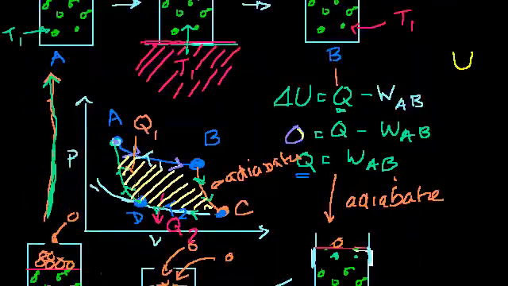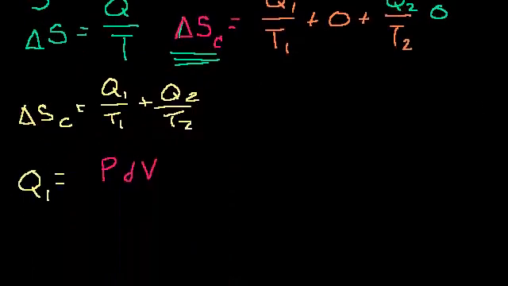This dV is this little change in volume right there times pressure. That makes a little rectangle. And then we sum up all the rectangles from our initial volume, which is VA, to our final volume, which is VB.